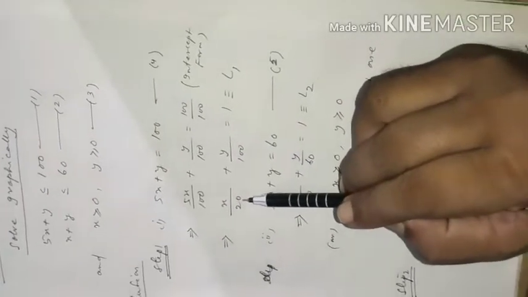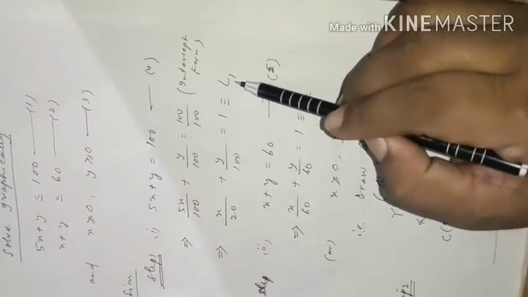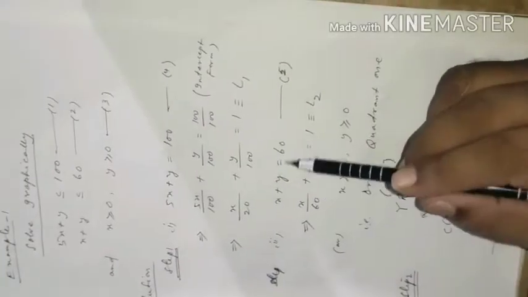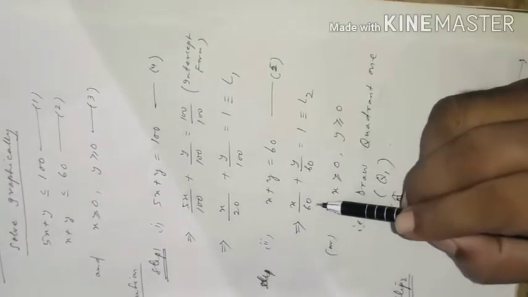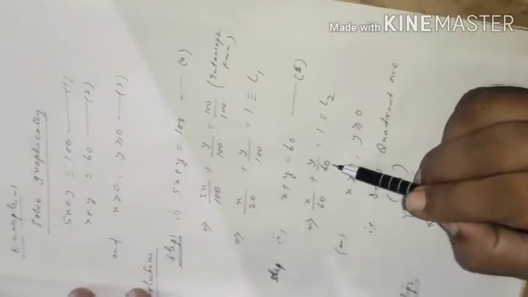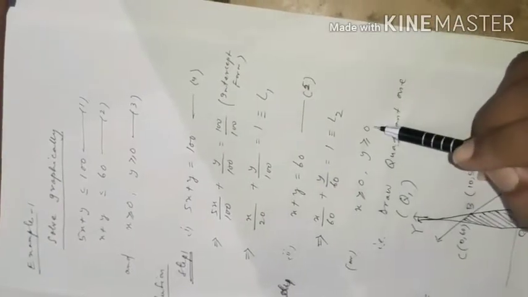That is, the x intercept is 20 and the y intercept is 100. Suppose this is line L1. Similarly, the other one is x + y = 60, so the x intercept is 60 and the y intercept is 60. And the third condition is already given: x ≥ 0, y ≥ 0.